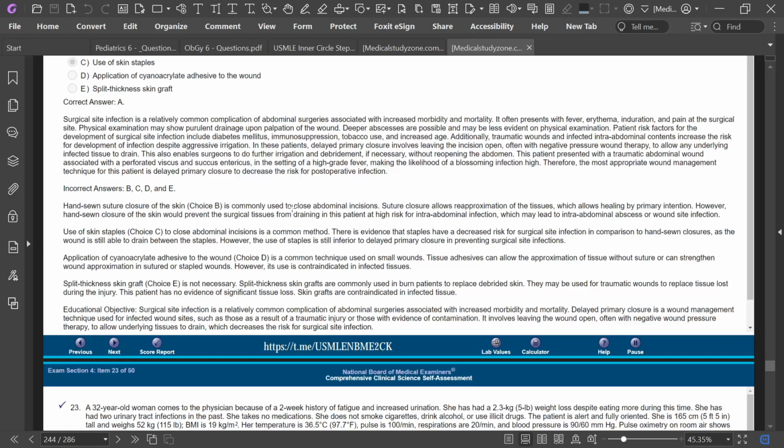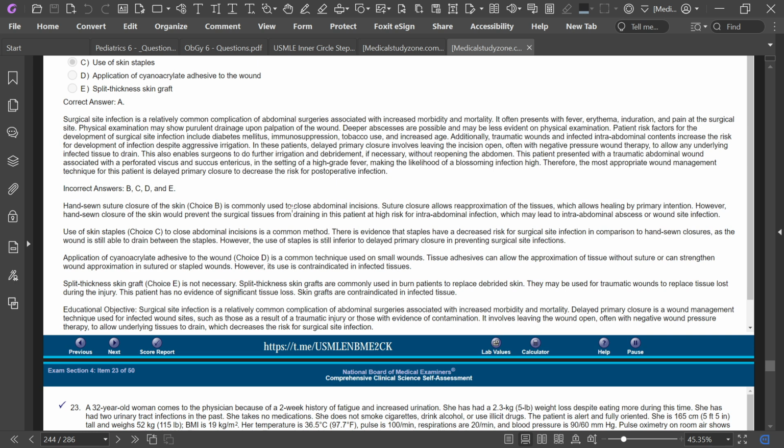Patient risk factors for the development of surgical site infection include diabetes mellitus, immunosuppression, tobacco use, and increased age. Additionally, traumatic wounds and infected intra-abdominal contents increase the risk for development of infection.